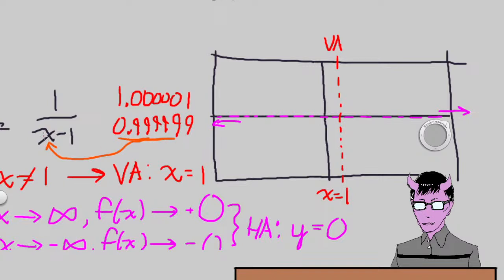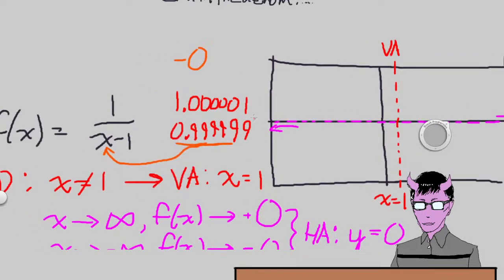So what happens when you have almost 1 minus 1? You get almost 0. But what kind of 0 do we get? Since this is smaller than 1, but almost 1, we get an almost 0, but it's still negative.